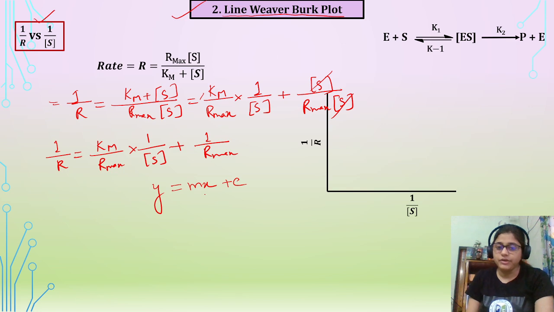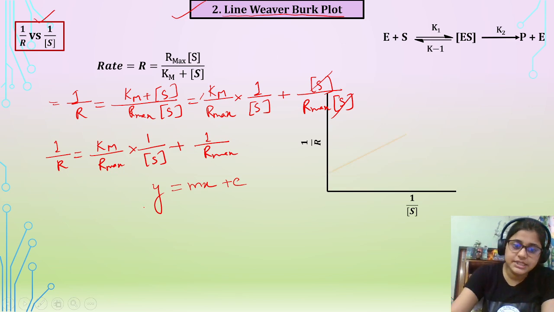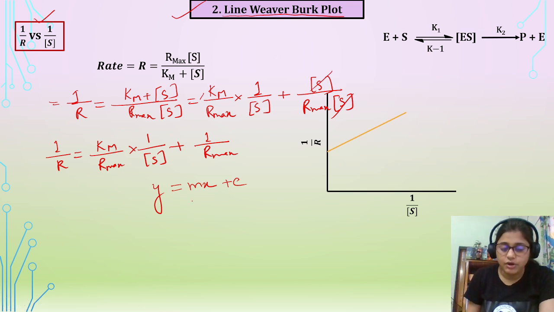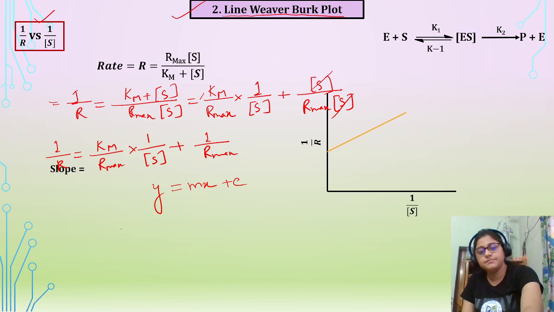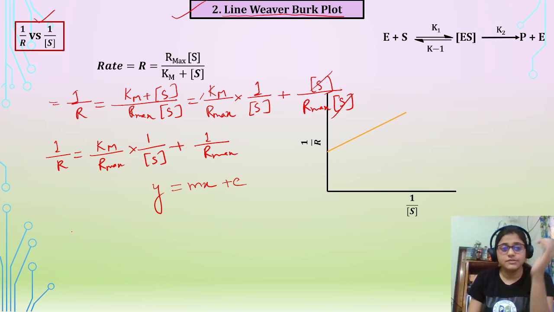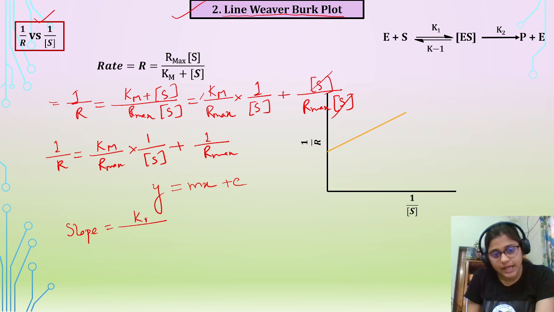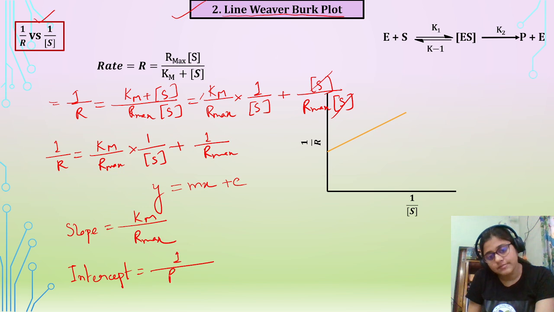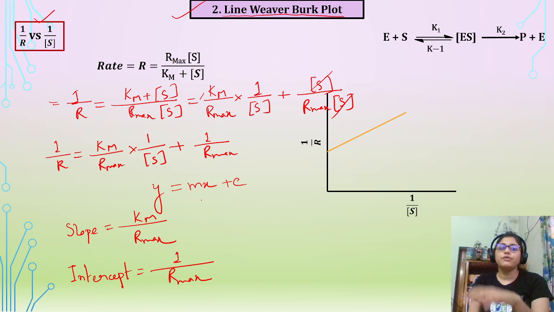It can be compared with y equals mx plus c. So the slope will be Km by Rmax, and the intercept, the constant value, will be 1 by Rmax. Okay. So the plot will be a straight line with positive slope and positive intercept.